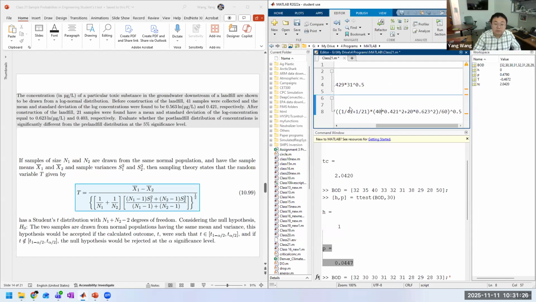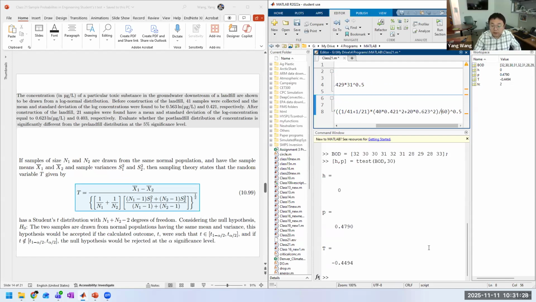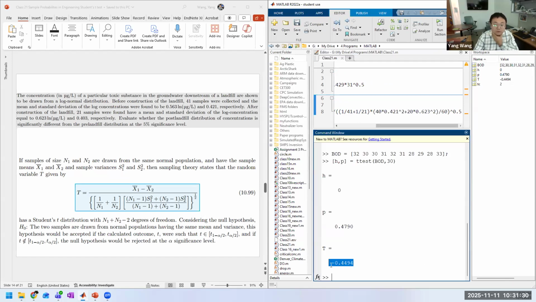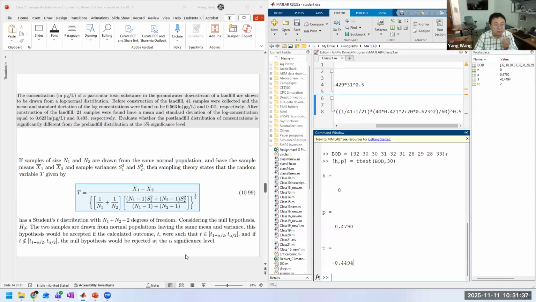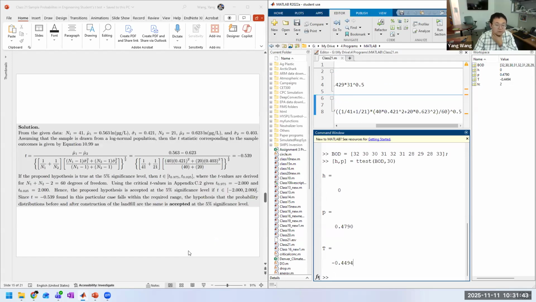This is the whole expression, and then we can calculate. The t-value turns out to be minus 0.4494. It's within -2 and +2, so these two data sets are statistically similar at 95% confidence.